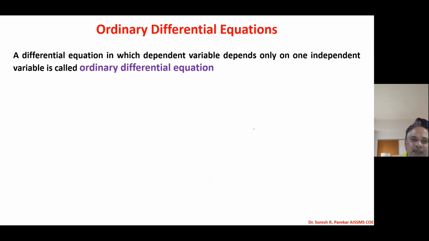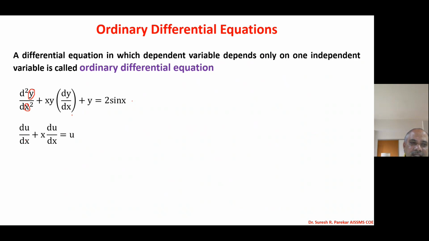Then we are interested in the ordinary differential equation. You can see over here, in this equation we have y as the dependent variable and x as the independent variable. So in whole, you can see we are dealing with only y and x, and then we are going to say this equation is an ordinary differential equation.